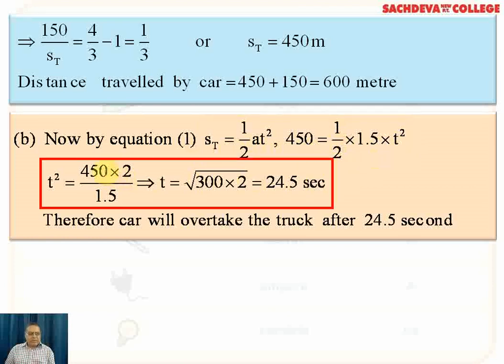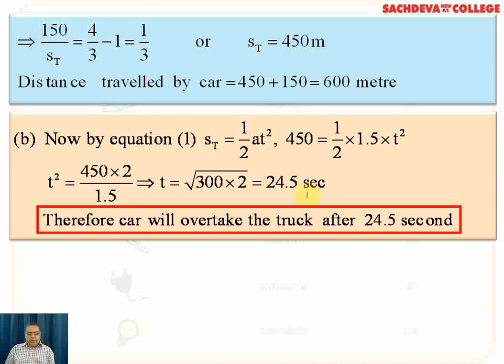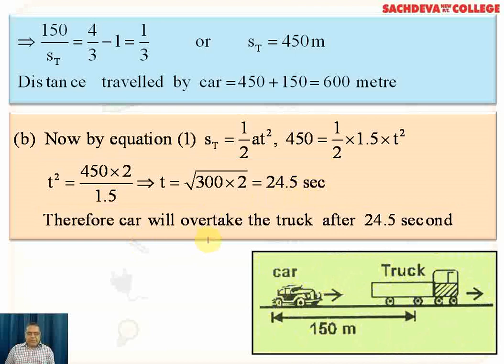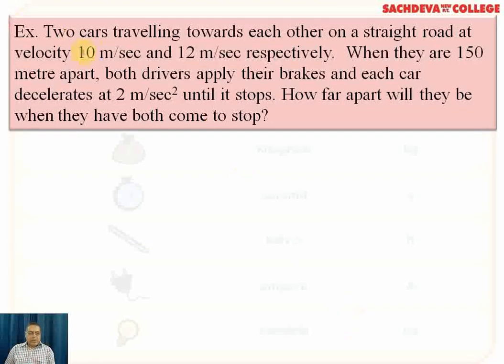And from this, we will get the value of t square, and hence the value of t, which comes to be 24.5 seconds. Therefore, the car will overtake the truck after 24.5 seconds. So it is indicated in the figure that the car is behind the truck, and the separation in their centers is 150 meters.